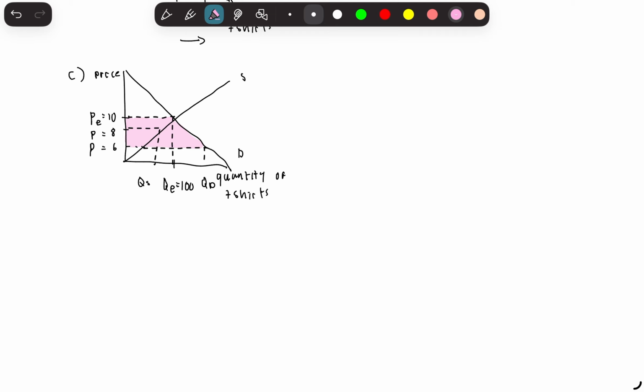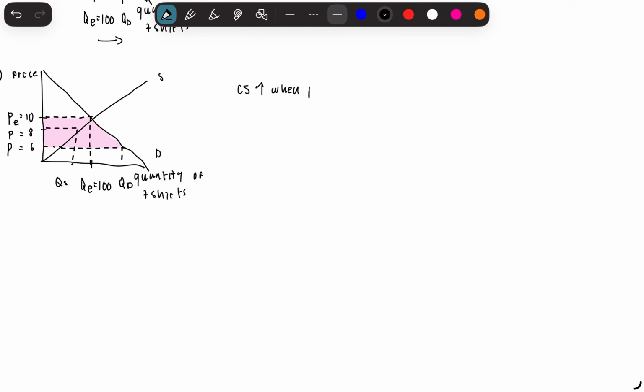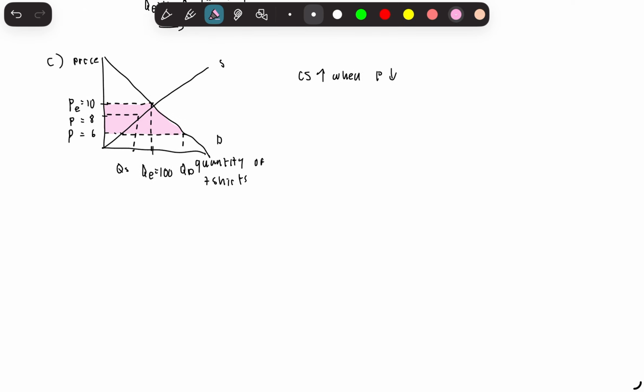We know that consumer surplus increases when your price falls. So your original consumer surplus was above the $10 and below the demand. Now your new consumer surplus is above $6 and below the demand.